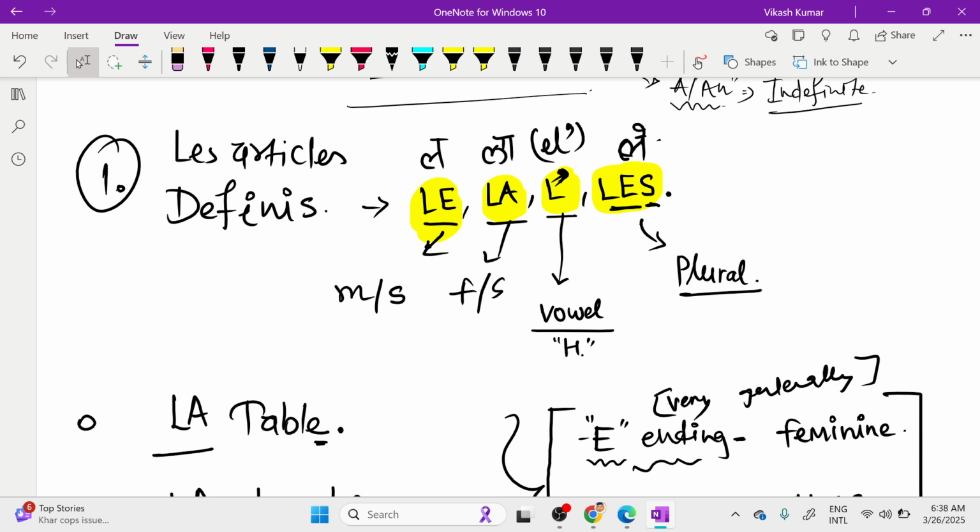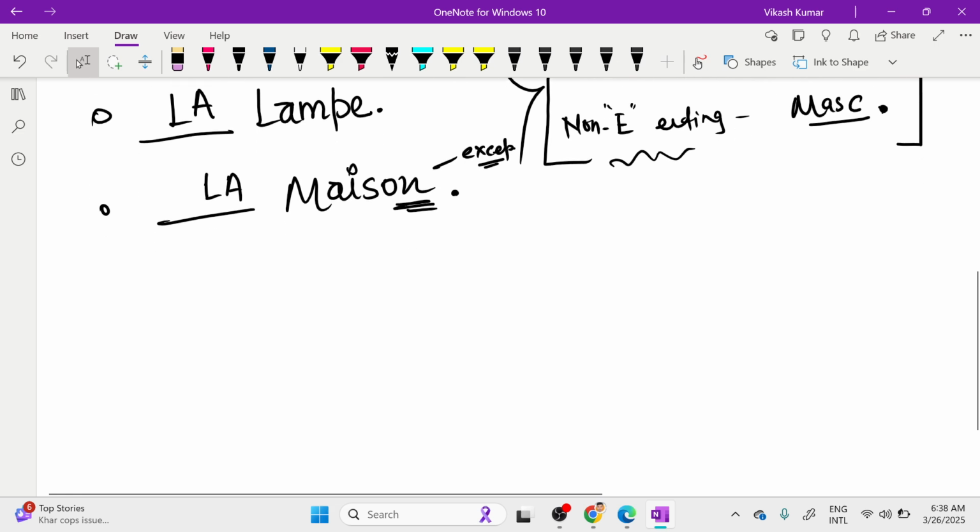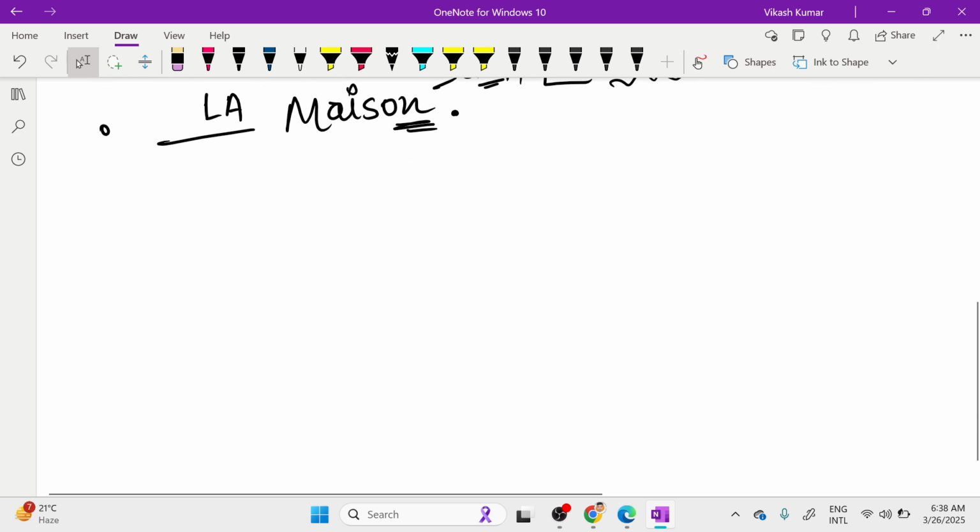Yes. Perfect. So once we are clear with the definite articles, let's move to indefinite articles also. Let me introduce them to you. Those are very simple. Indefinites are, I think, less used than the definite ones, but still useful.